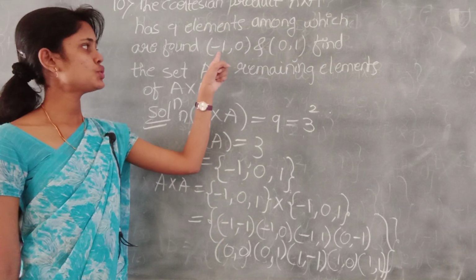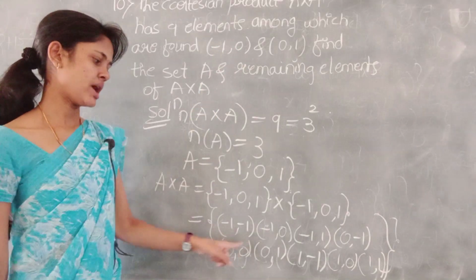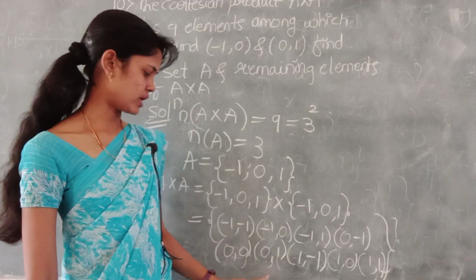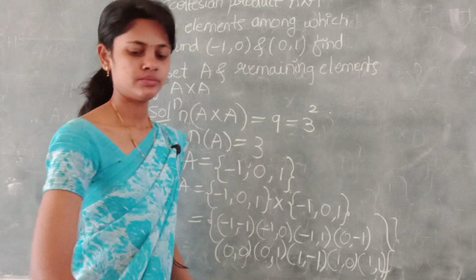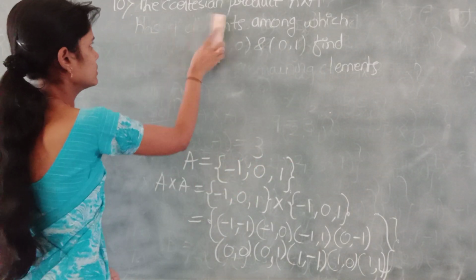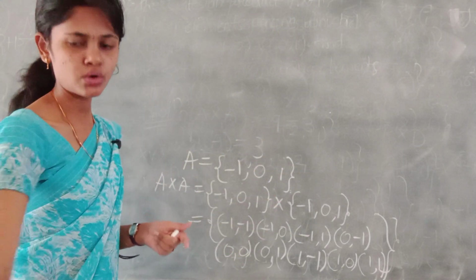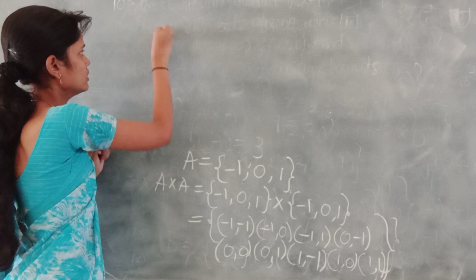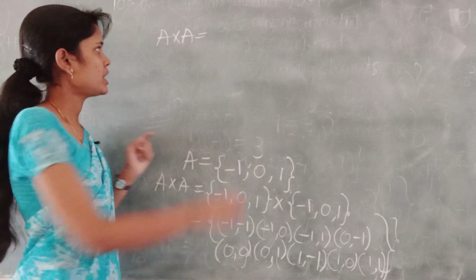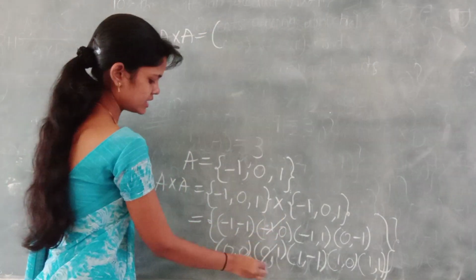Then, leaving these two ordered pairs, (-1,0) and (0,1). (-1,0) is here and (0,1) is here, right? So we have to write the remaining elements, leaving (-1,0) and (0,1).